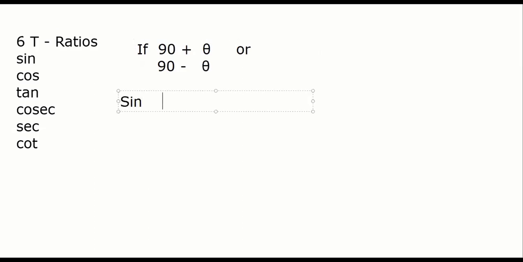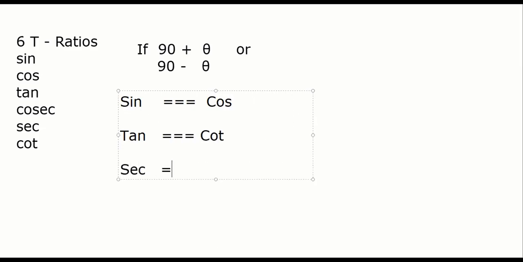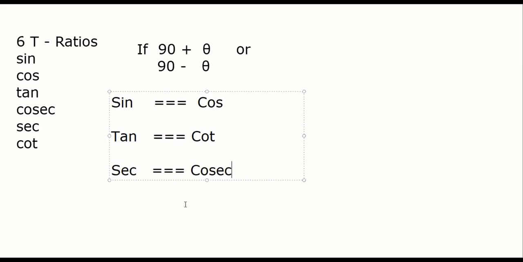Sine and cos are a pair. Tan and cot are a pair. And the remaining, sec and cosec, are a pair. I'm not saying reciprocal, I'm saying pair. Since sine and cos are a pair, a lot of formulas become so simple.